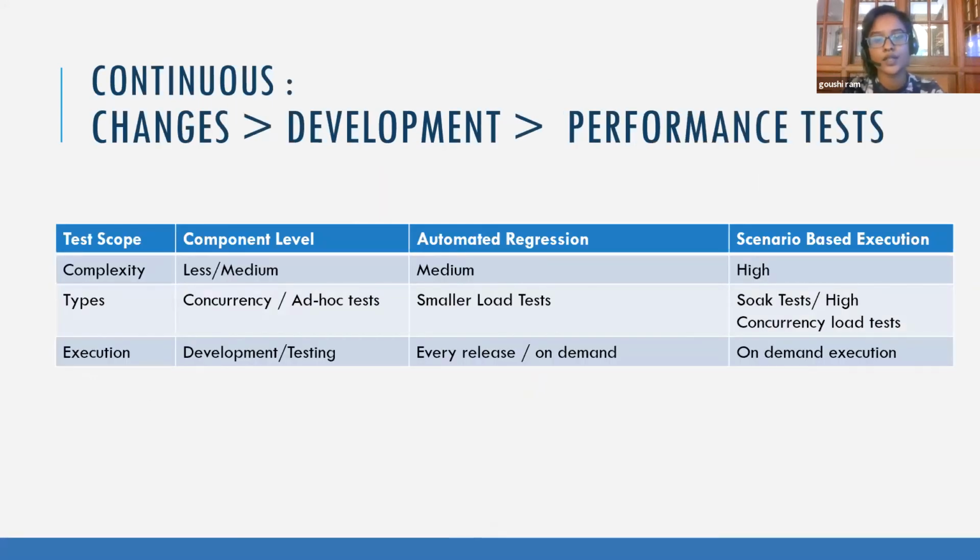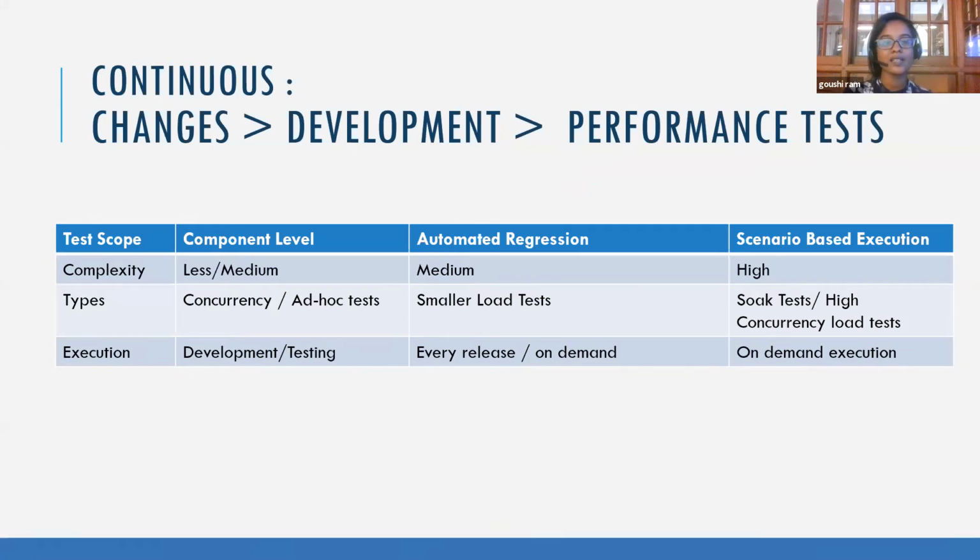So this is a sample illustration of how we can implement continuous performance test. Here I've taken test scope as component level, automated regression and scenario based execution. In component level, we will be testing the individual component or the API with less or medium complex test cases.